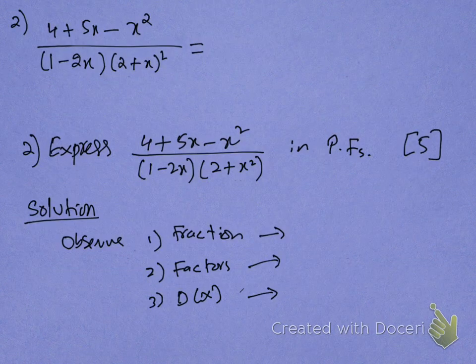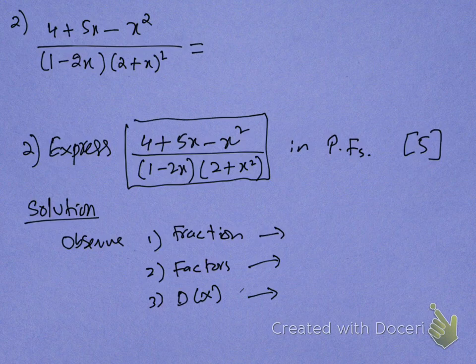Example number 2. Express (4 + 5x) upon (1 − 2x)(2 + x)² in partial fractions. Number 1, observe the fraction. Since the power of the variable in the denominator is cube and the highest power of the variable in the numerator is 2, this fraction is a proper fraction.